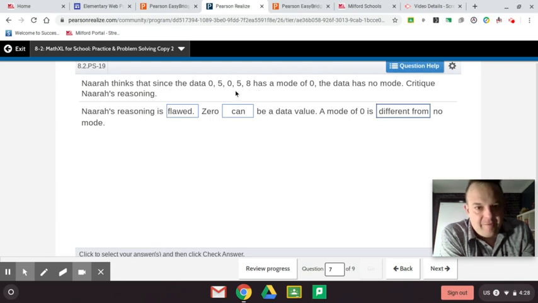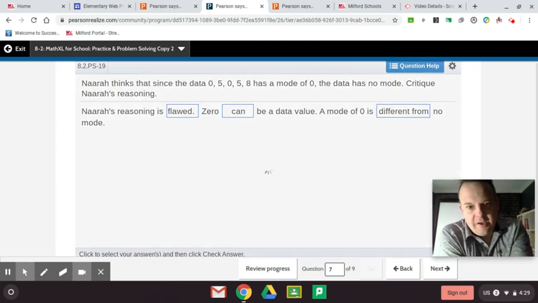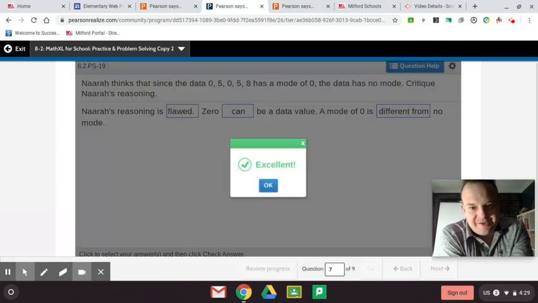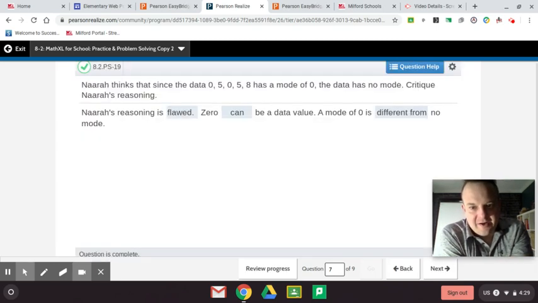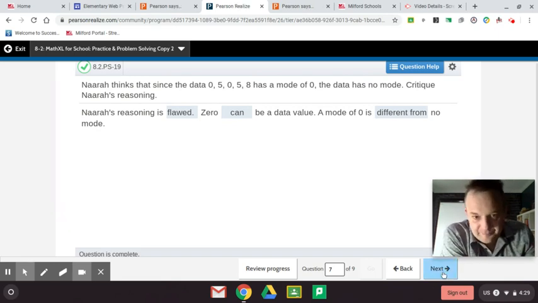And if here, the mode would be 0 and the mode would also be 5, though. It would be 0 and 5. So one of the modes is 0. So 0 is just a data value there, and it should be used in calculating mean, median, mode, and range.